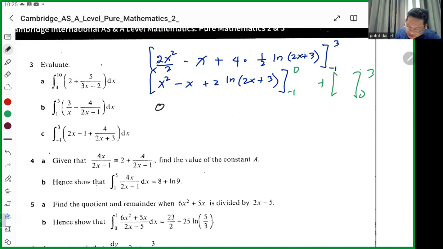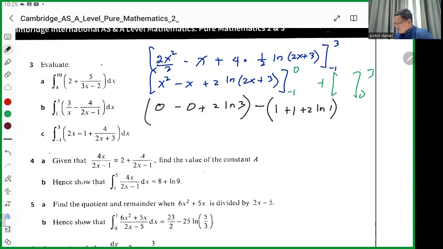So 0 minus 0 plus 2 ln 3. And then you plug in the -1. So that is 1 minus, now 1 plus 1 plus 2 ln 1.